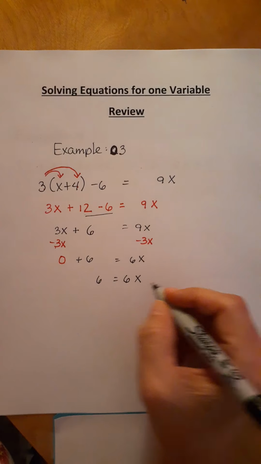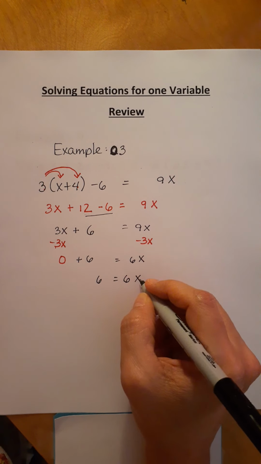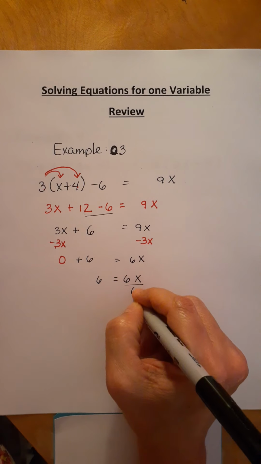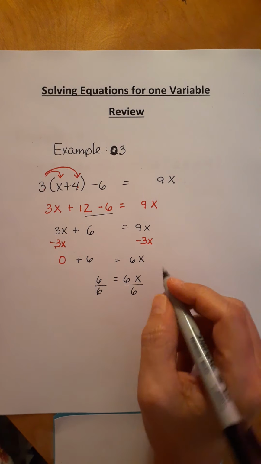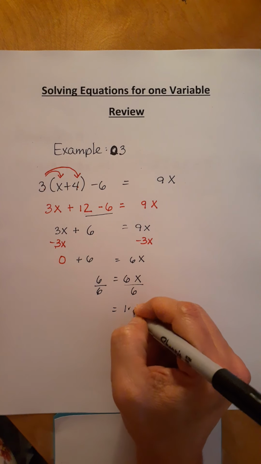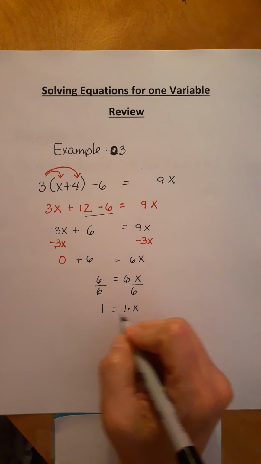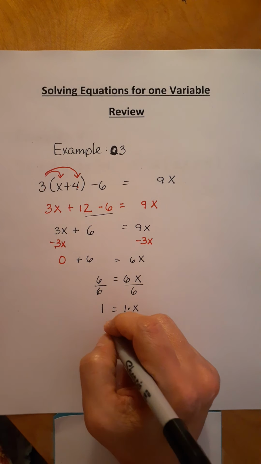Now my last step, because there's nothing that's plus or minus to the x, is 6 times x. To break that apart, you have to do the opposite operation, which is division. Division property of equality. What you do to one side, you do to the other. And 6 divided by 6 is 1 times x equals 1. 1 times x, the multiplication identity, x equals 1.